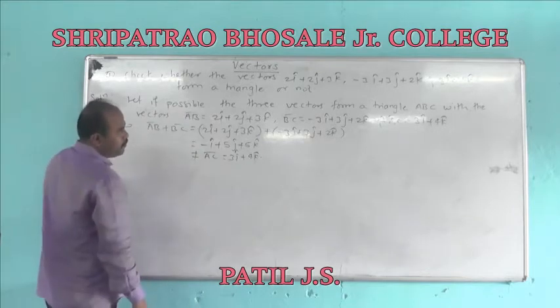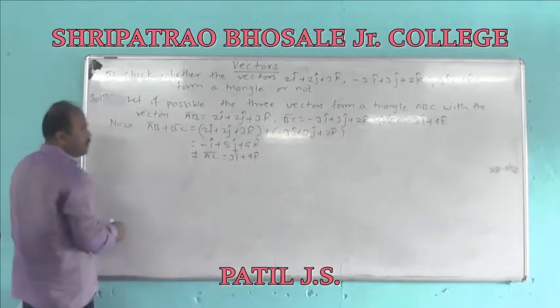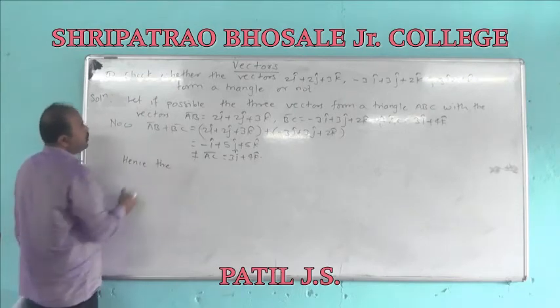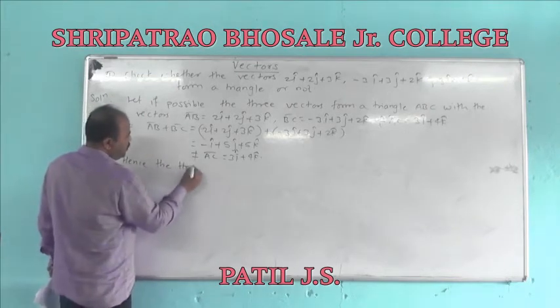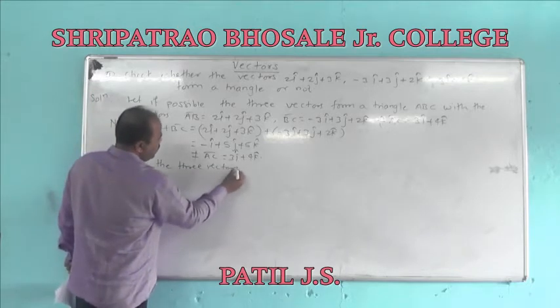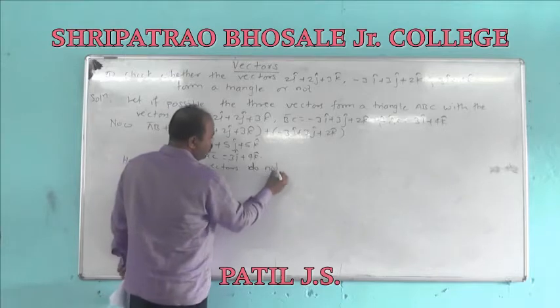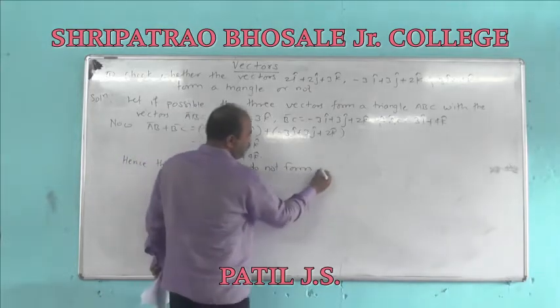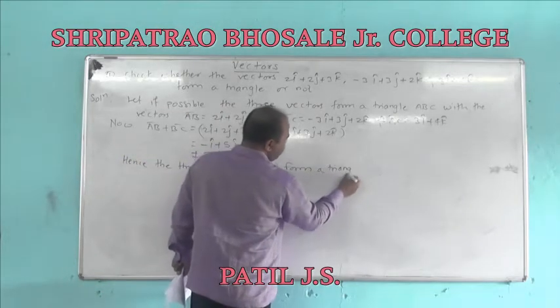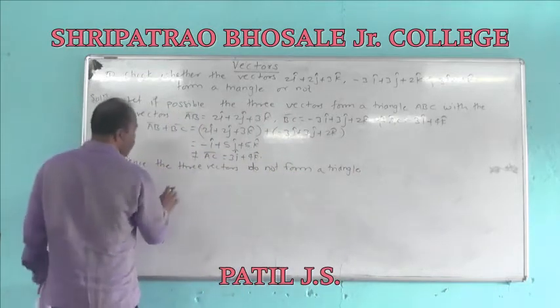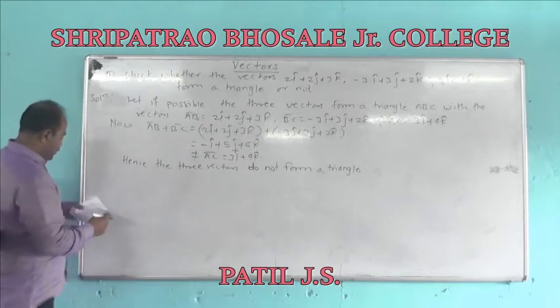The triangle law of addition is not satisfied, and hence the given three vectors do not form a triangle. This is the first example.